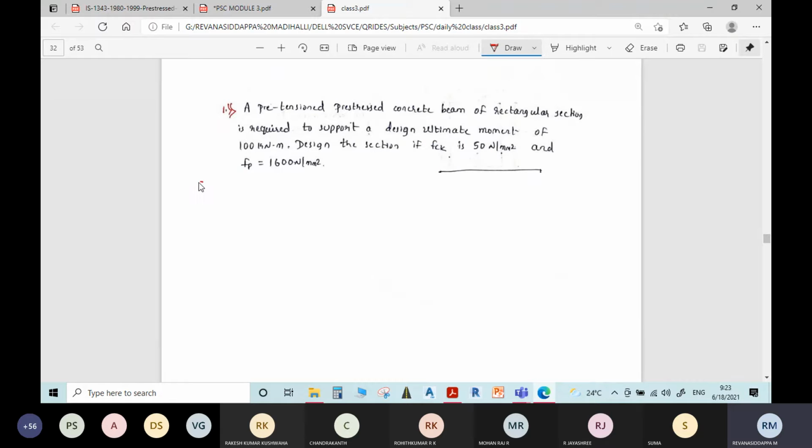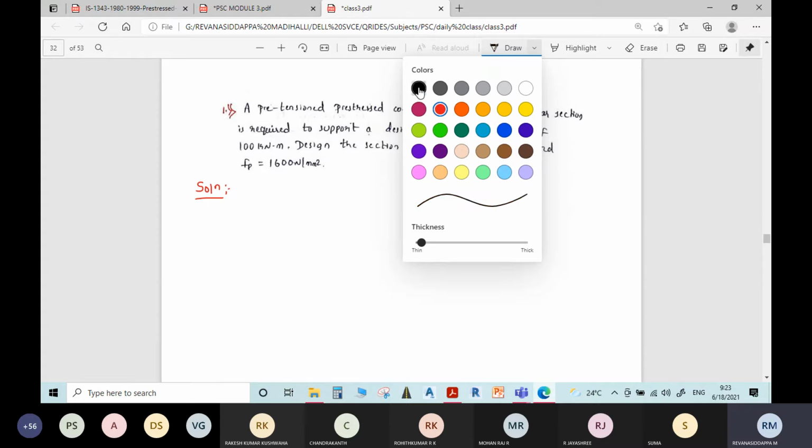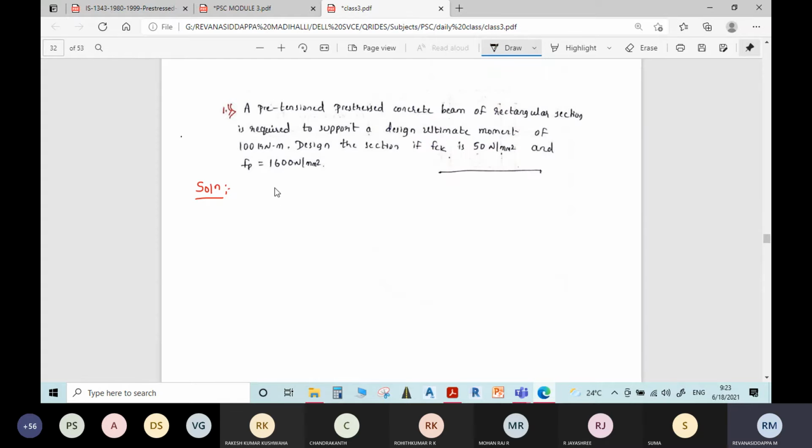Solution. As I said, first we have to assume the depth of neutral axis, xu by d. Assuming xu by d is equal to 0.5.